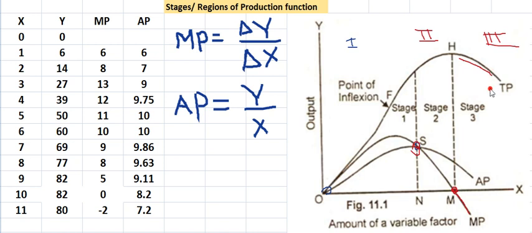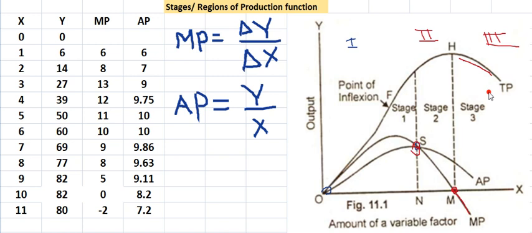And this particular region is also an irrational region or irrational stage of production function, because in this region the farmer or producer will incur a double loss. First is reduced production due to the excessive use of various resources, and another is the loss of unnecessary additional cost of inputs.